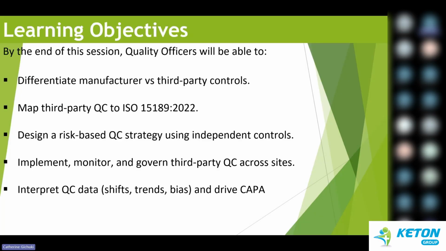And we want to be able to design a risk-based QC strategy using independent controls, and with time we will see which are the independent ones. We will also see how to implement, monitor, and provide governance across all sites if you're using many sites or platforms. And then briefly, not in depth, interpretation of QC data, that is shifts, trends, and biases, and how we drive our CAPAs.